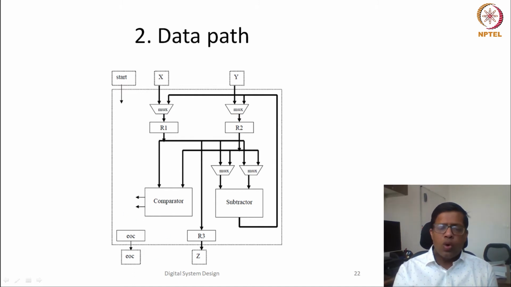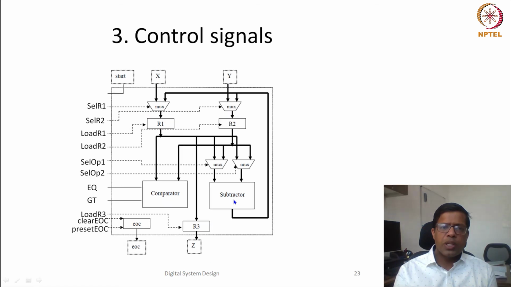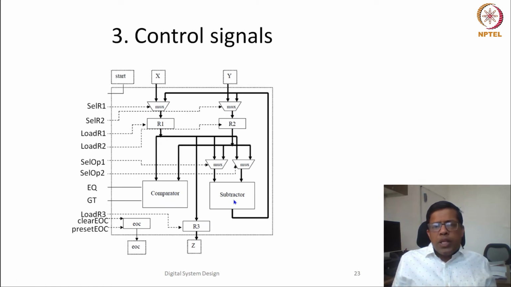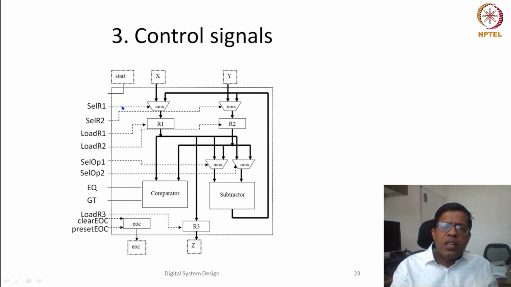Now along with this data path there would be certain control path signals also, which would be given by the state machine. Somebody will tell us when X would be selected and when the output of the subtractor would be selected.